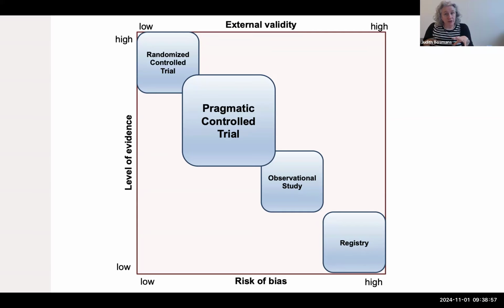That means that you still have a reasonable level of evidence, that the risk of bias is also relatively low. The external validity is a bit higher, but still it may not be high enough to base decision making on.